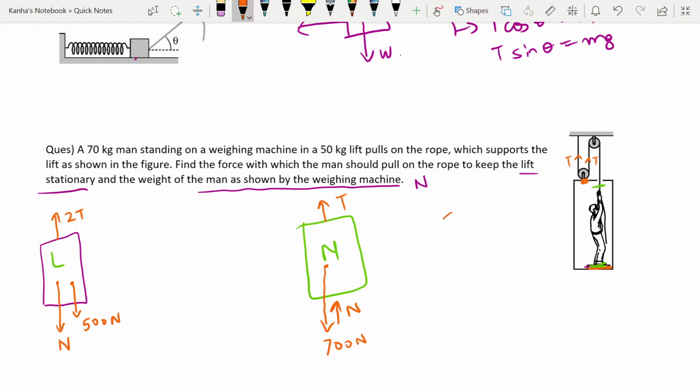Now you do the same thing: summation of Fx is equal to 0, summation of Fy is equal to 0, and you basically get very simple equations: 500 plus N is equal to 2T and N plus T is equal to 700.